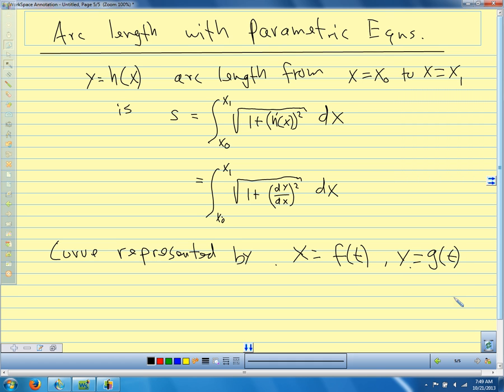So there are our parametric equations. And we're going to say our parameter varies a less than or equal to t less than or equal to b, so our parameter varies from a to b. And our f prime of t is greater than 0.